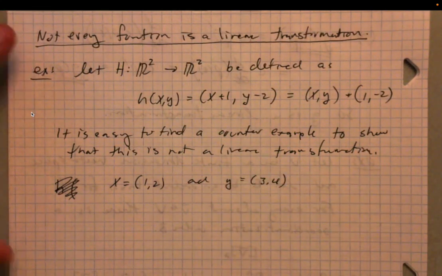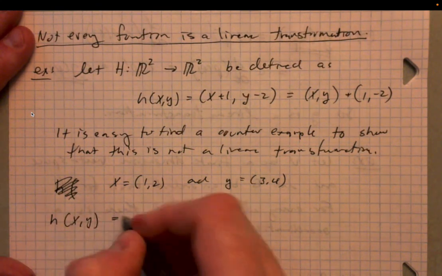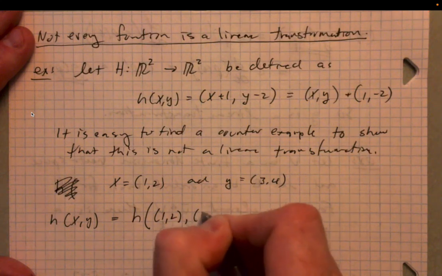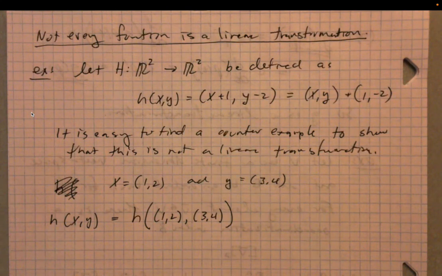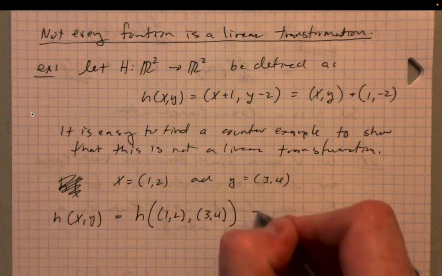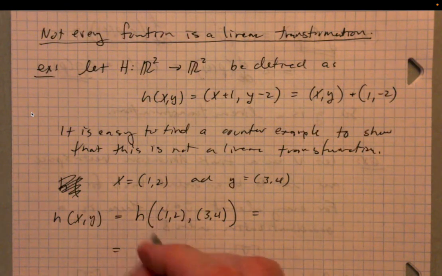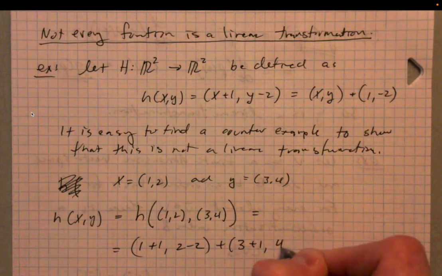Okay, and if I apply h to x and y, so h(x), h(y) is equal to h applied to (1, 2) and (3, 4). What does that mean? Well, I'm going to take (1 plus 1, 2 minus 2) plus (3 plus 1, 4 minus 2).